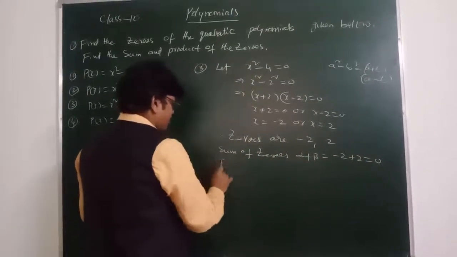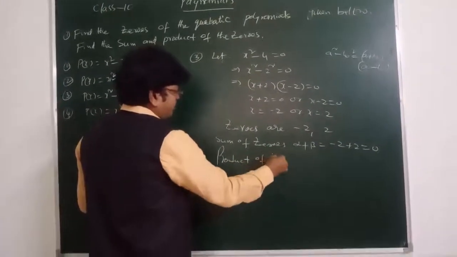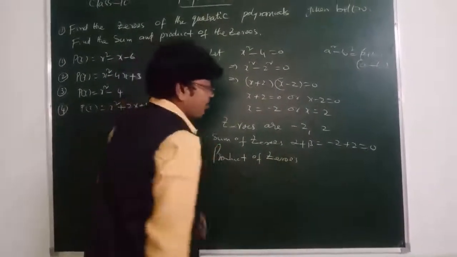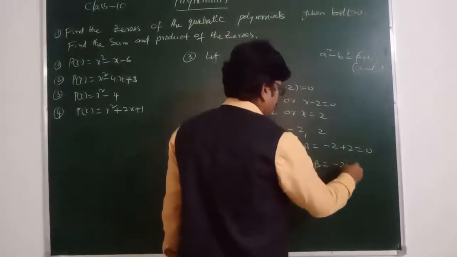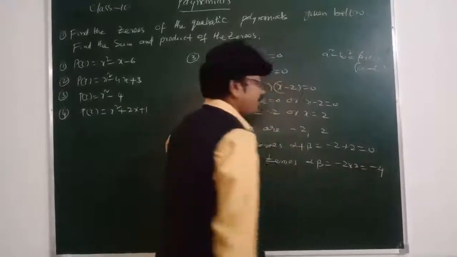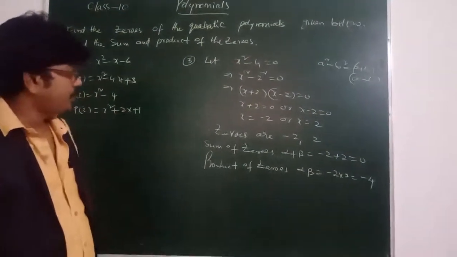Product of zeros alpha beta equals minus 2 into 2, minus 4. Okay? Have you understood?